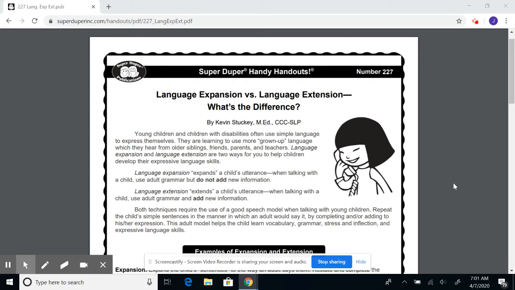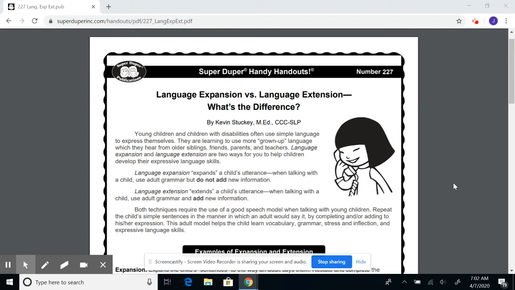It's also great for any type of communicator that is nonverbal or that may use a communication device. This is a way for you to provide them with models on how you would like them to communicate using their device. So, today we're just going to go over some of the techniques, and then I'm going to briefly talk about some of the other things that are included in this resource for you to use at home.